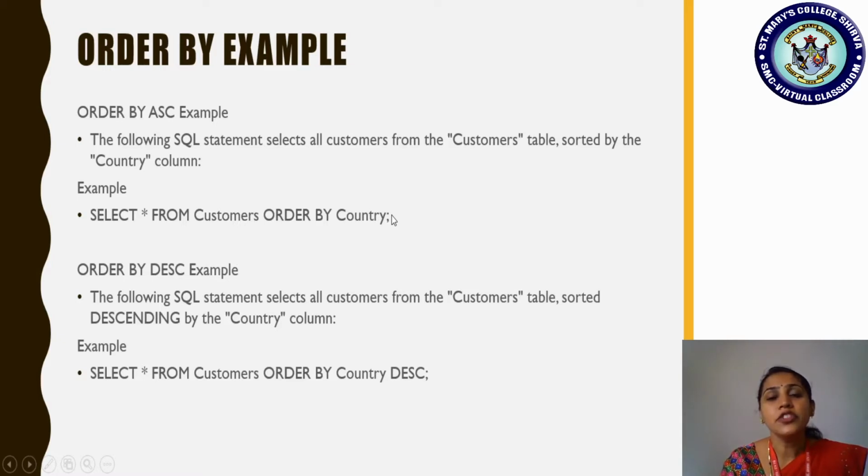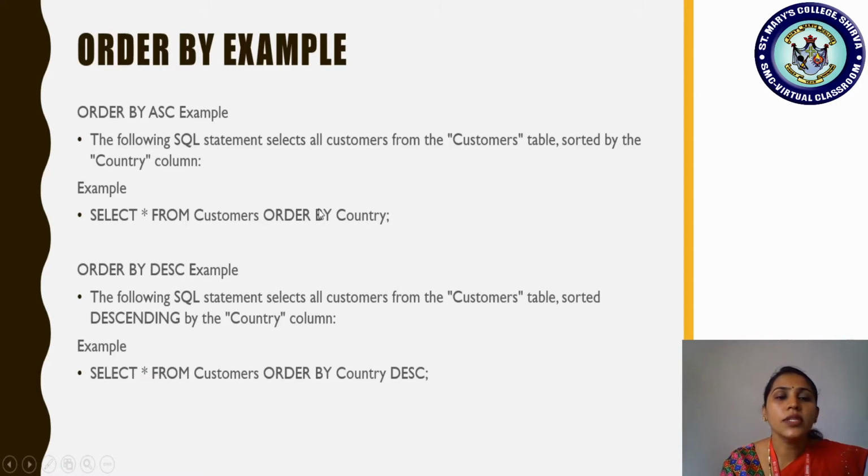So if you didn't mention anything, order by is going to consider by default to sort the information in ascending order. For ascending order, no need to mention which one? The keyword ASC here. Okay.